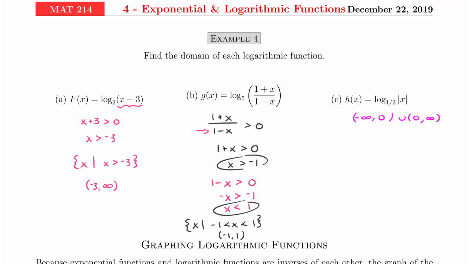And then in set notation, we have x such that x is less than 0, x is greater than 0.